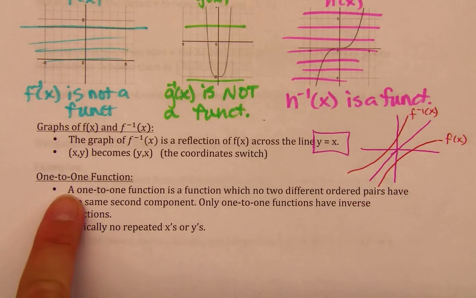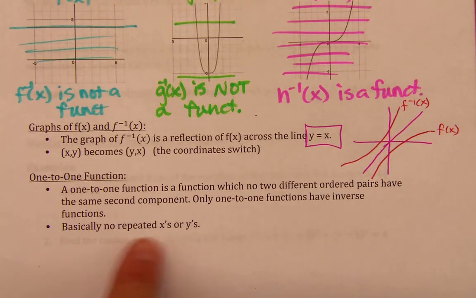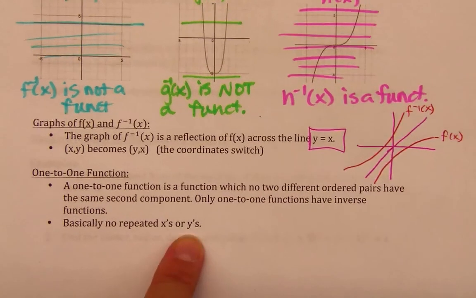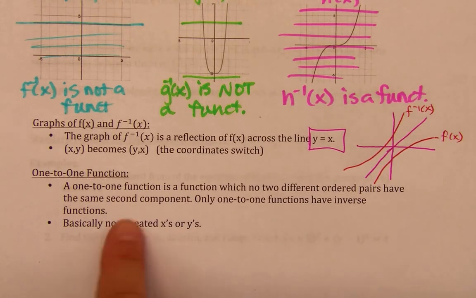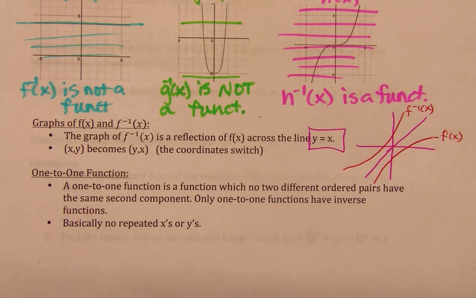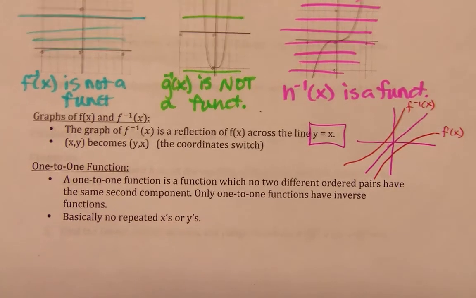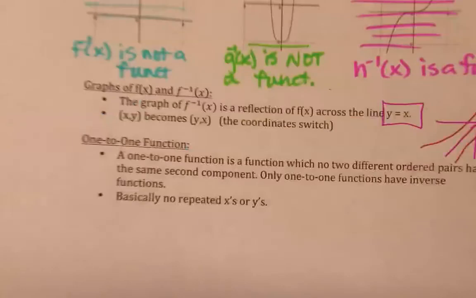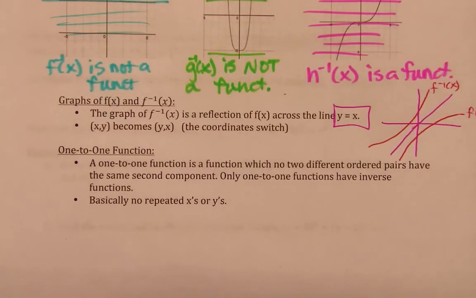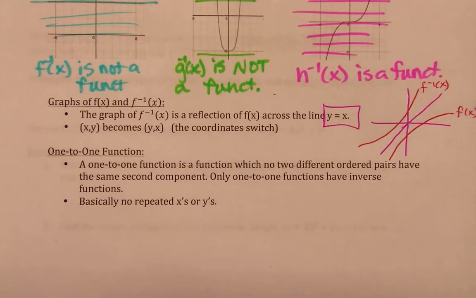Okay. Not only that, these are also one-to-one functions, which means no x's or y's are repeated. So just in order for it to be a function, we knew the x's couldn't repeat. But now, for it to be a one-to-one function, x's and y's cannot repeat. Okay. And that finishes off section 8 for us. If you guys have questions, just make sure in class to ask your questions.